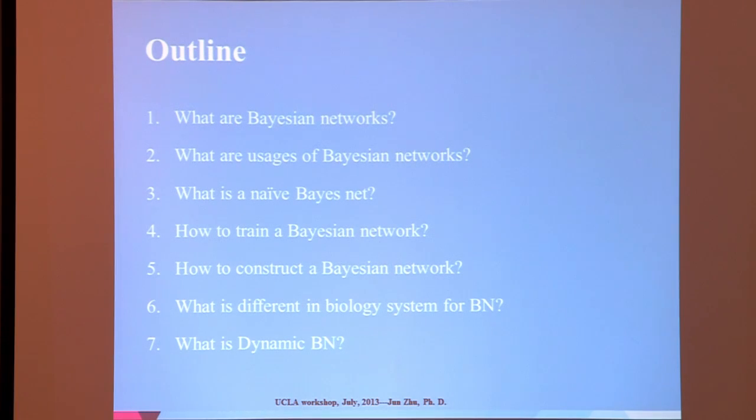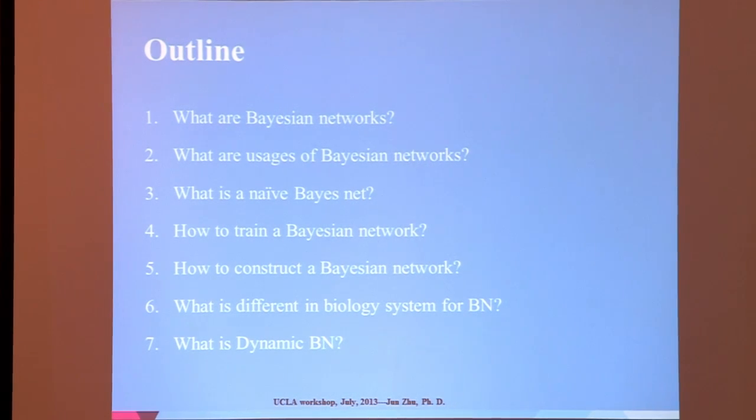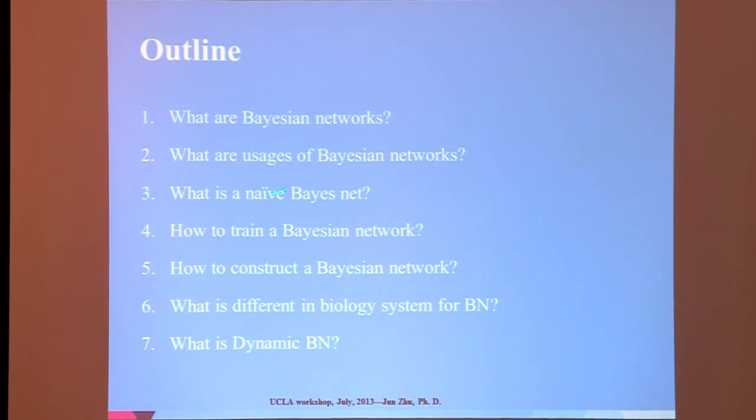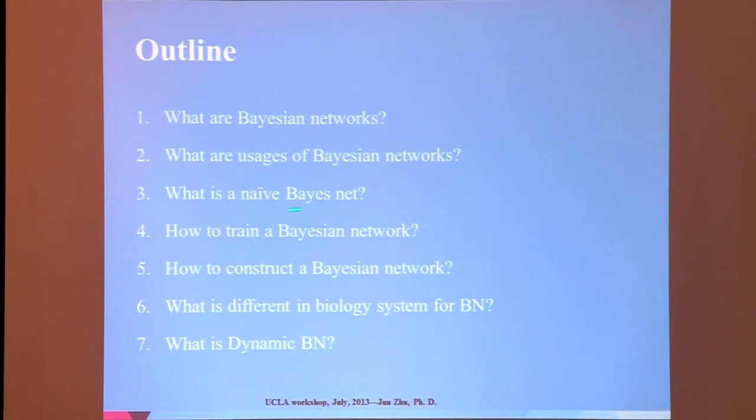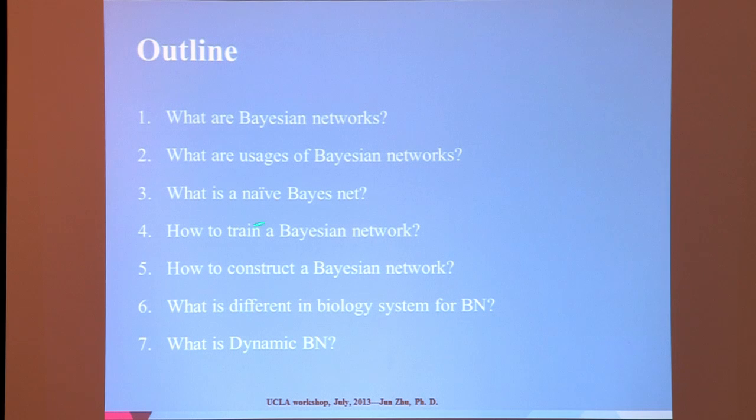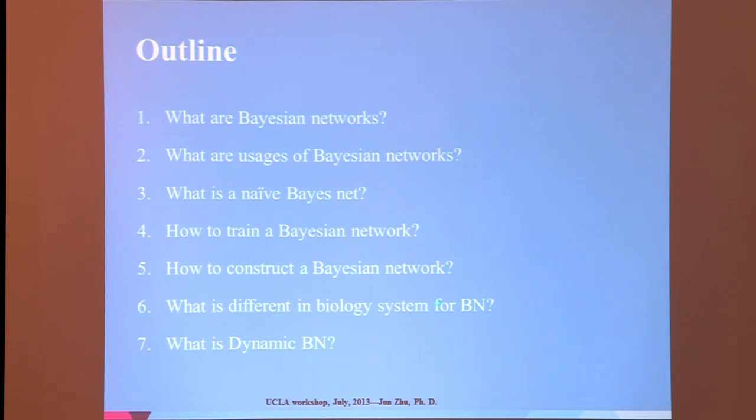So I'll quickly go over generally what a Bayesian network is, then how people use Bayesian networks, and there are a few examples. It's a special part of Bayesian network, just a very, very small branch. And generally it's a training network. If you know the structure, then it's relatively easy.